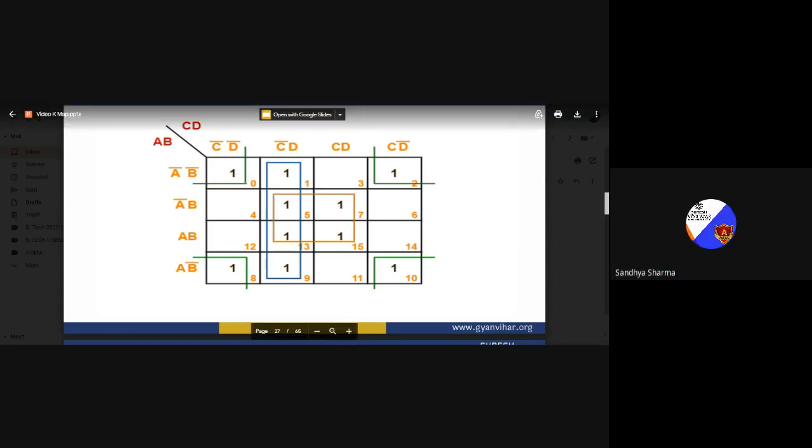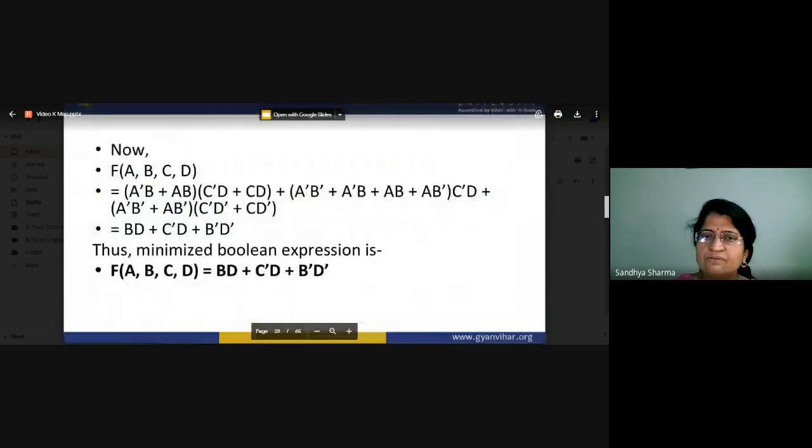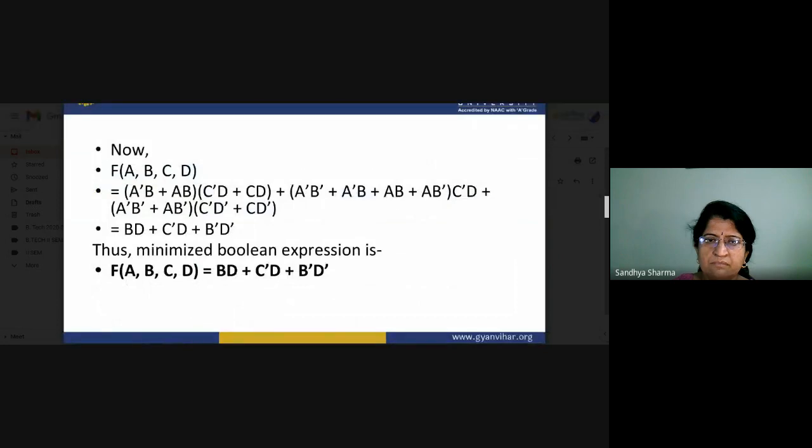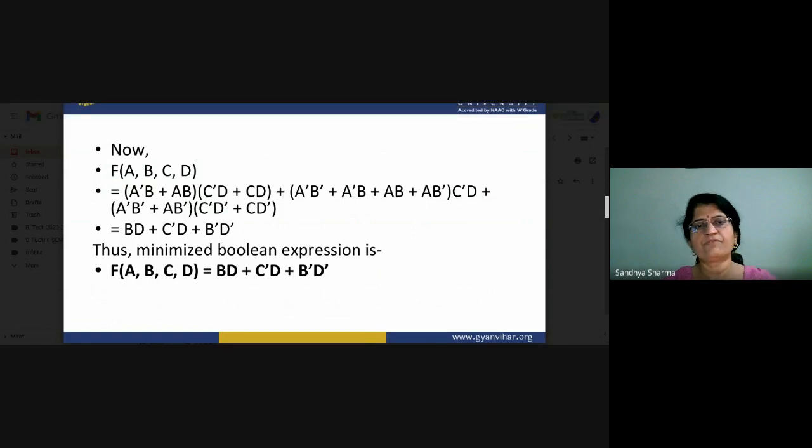This equation is C bar D. B dash is common here and D dash is common here. And the others are C dash C, A dash A, so these are varying in the equation. So you write the common part here, and the other will be cancelled out.